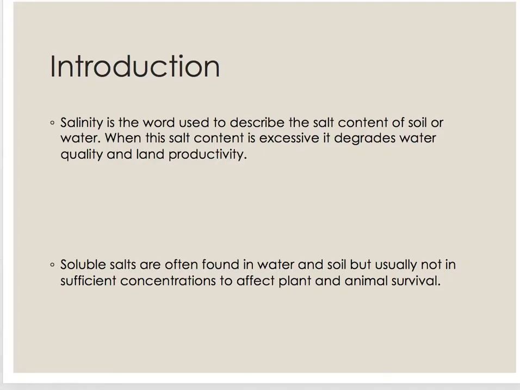So what's salinity? Salinity is a word to describe the salt content of soil or water. When the salt content is excessive, it degrades water quality and land productivity. Soluble salts are often found in water and soil, but usually not in sufficient concentrations to affect plant or animal survival, and are often quite necessary for them.